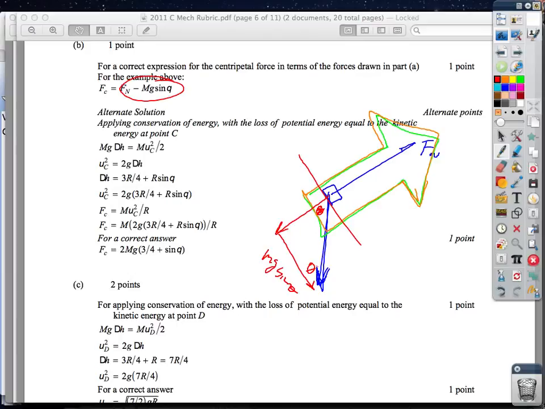Because if we have that theta, it would be mg cos theta. Right? So does that make sense? The subtraction of those two? And then all they're doing is saying mv squared over r is equal to fn minus mg sine theta.